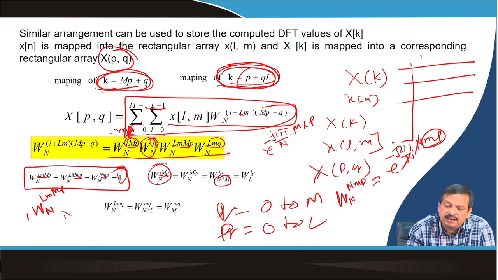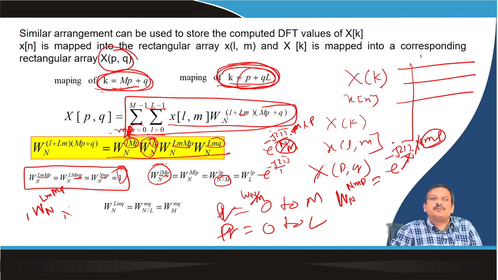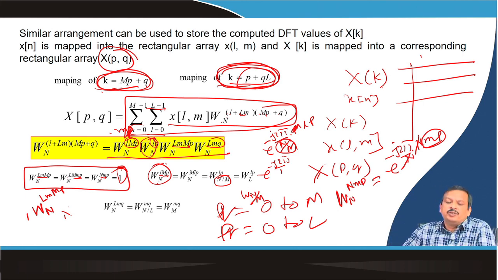So if it is e to the power minus j 2 pi by n, then I said Wn. Now instead of n, I can write n by m. So what is n by m? n is nothing but ml. So it is nothing but l. So that's why W_l to the power lp.